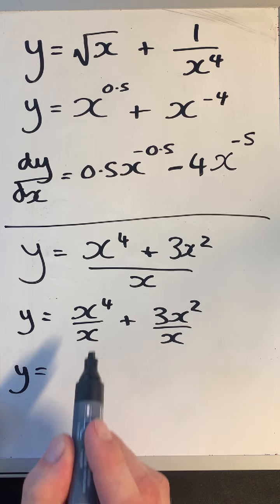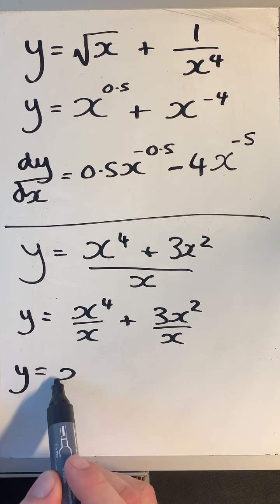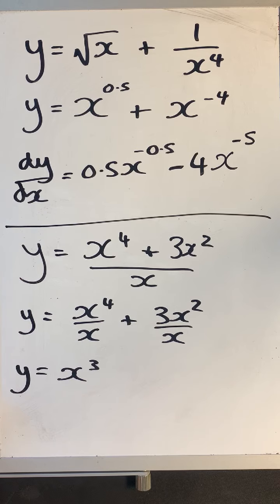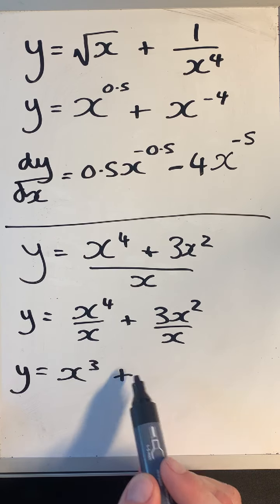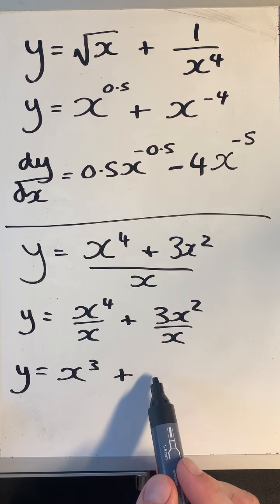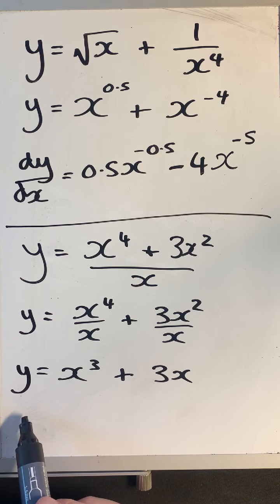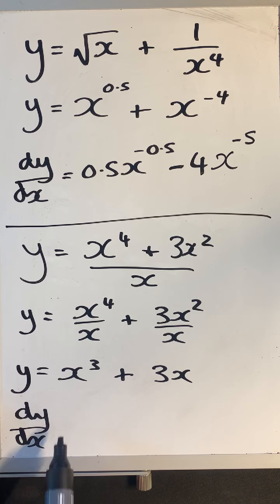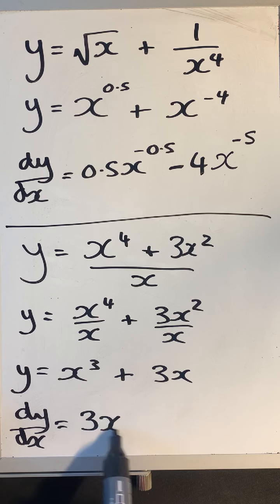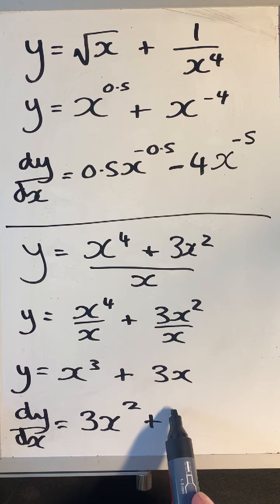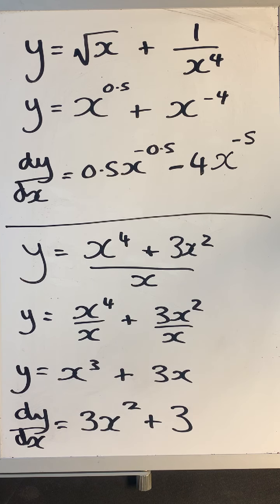We've got y equals x to the 4 divided by x, which is x cubed, plus 3x squared over x, which is 3x. Okay, now we've got separate terms, so we can differentiate, and we get dy/dx as 3x squared plus 3. So that's the derivative of this function.